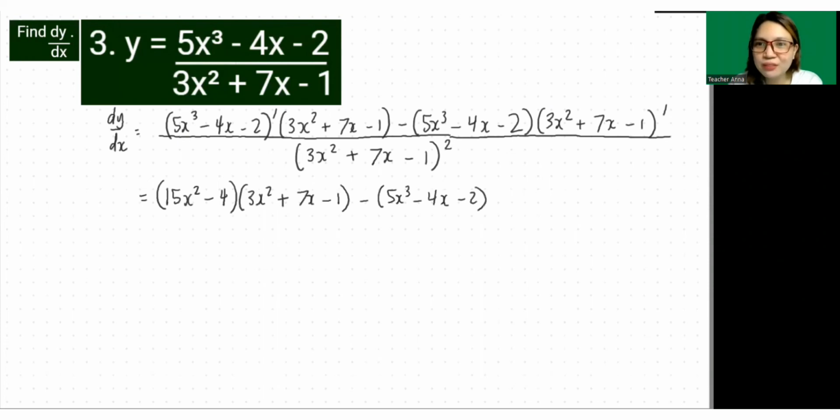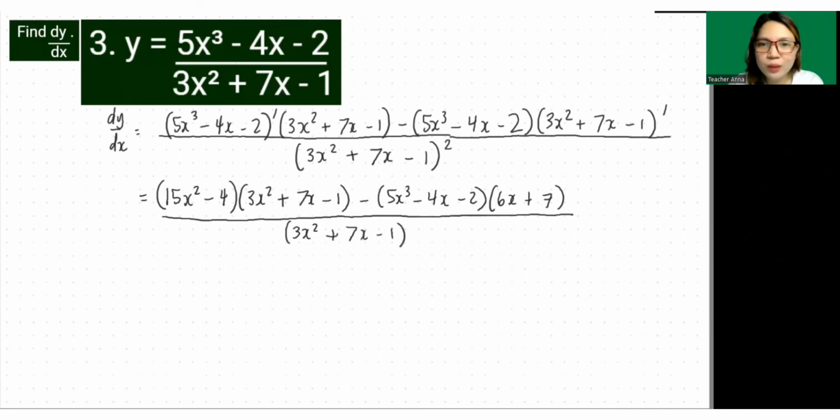Then the derivative of this will be 6x plus 7, right? All over the squaring of this trinomial. Let's just write this as the square of 3x squared plus 7x minus 1. What is important is we apply the quotient rule, not so much on the squaring of the trinomial.